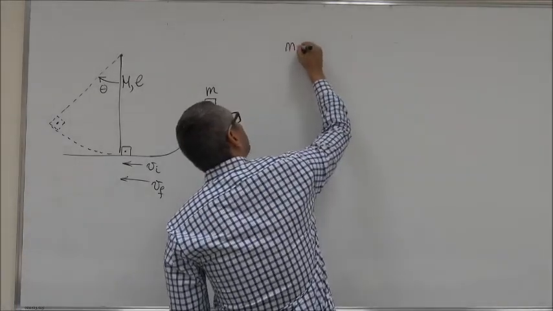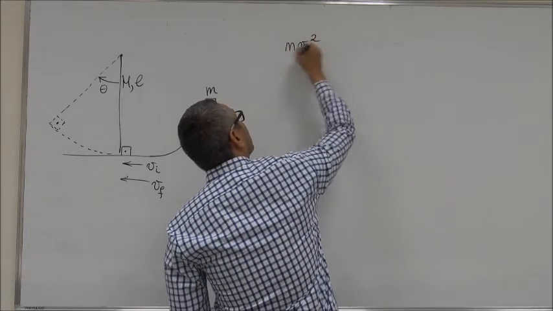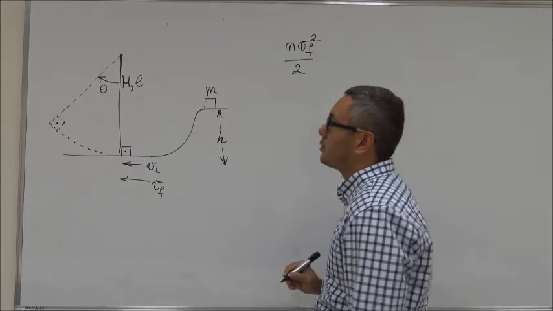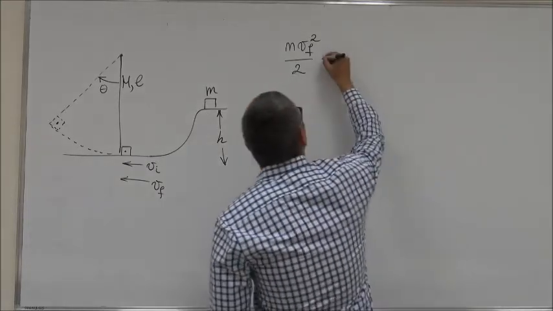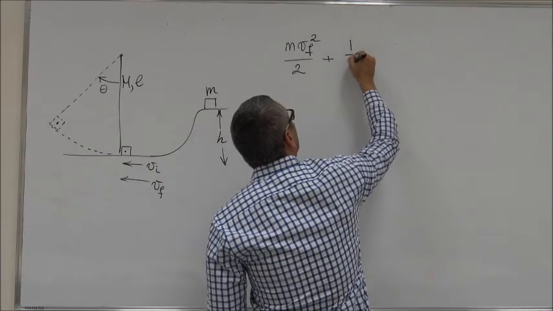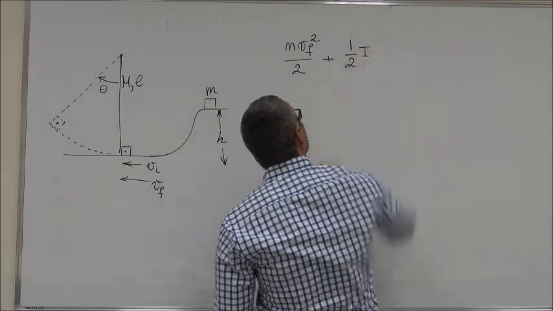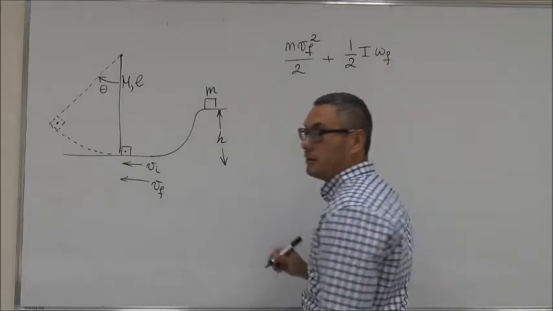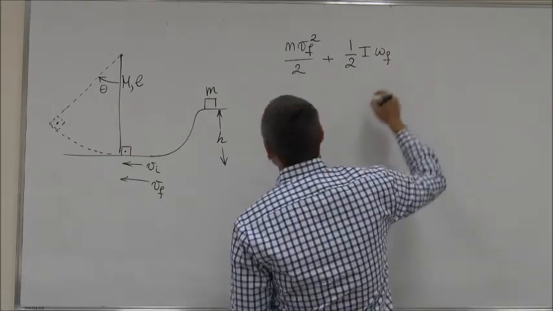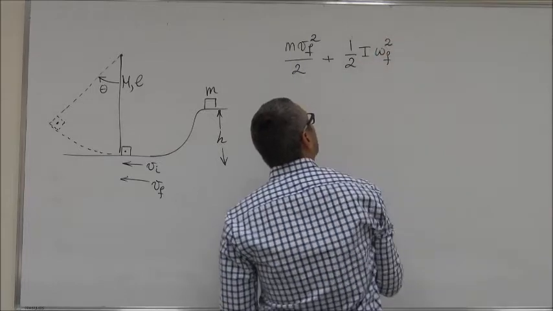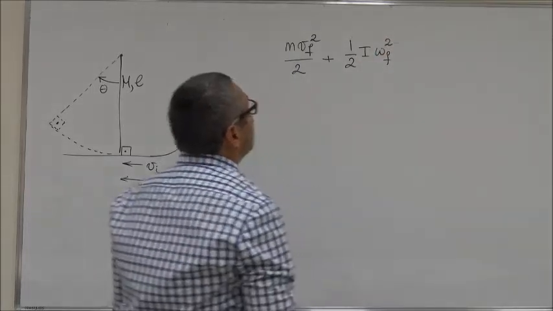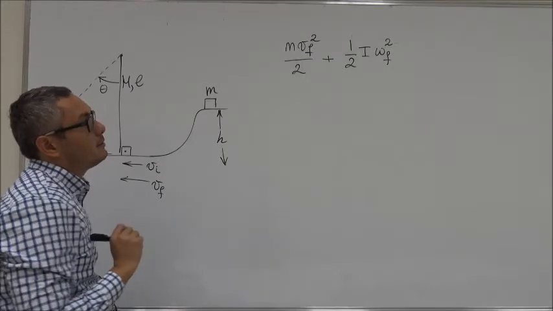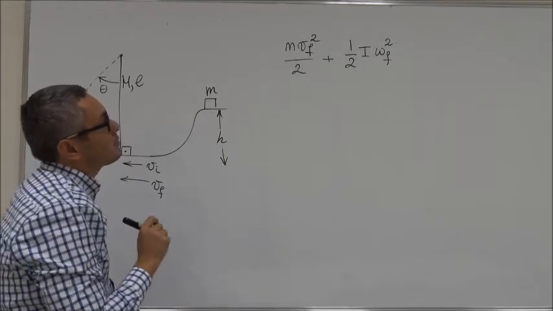It's the kinetic energy of the block itself, m v final squared over 2, plus the kinetic energy of the rod, 1 over 2 times the moment of inertia of the rod times the angular speed of rotation of the rod right after the collision, squared. So this is the total kinetic energy right after the collision.